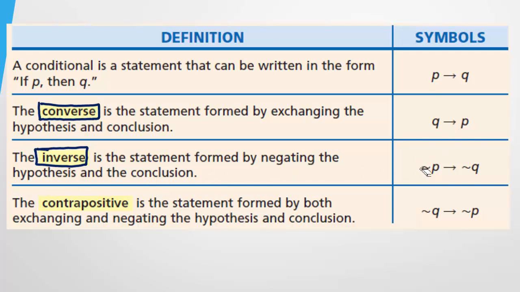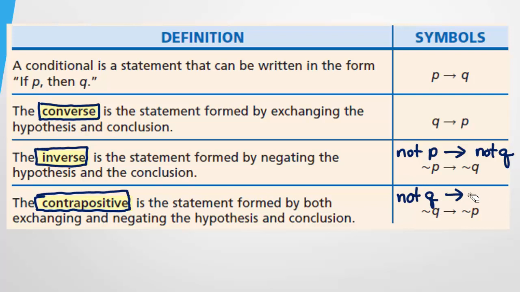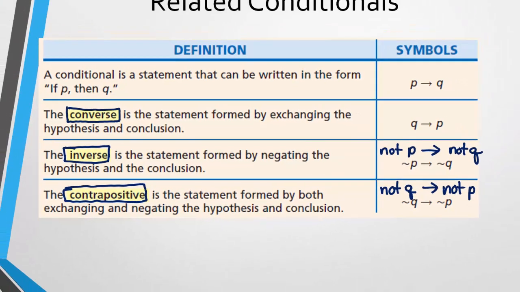The way that you would read this with that symbol would be not P implies not Q. And lastly, we have the contrapositive, which is a mixture of the converse and the inverse, and that reads not Q implies not P. So those are the other kinds of related conditional statements that you can write.